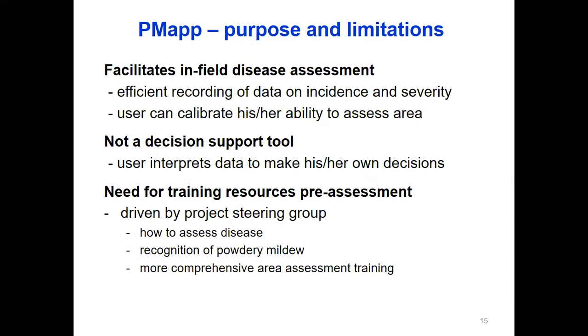As the app came close to development and we'd done some beta testing, our project steering group recommended that we develop some resources to assist with training for the pre-assessment phase. Basically, how to assess disease, how to recognize the disease, and how to improve on area assessment accuracy.